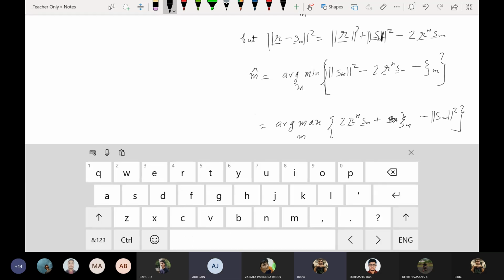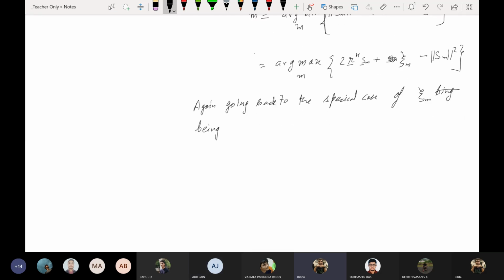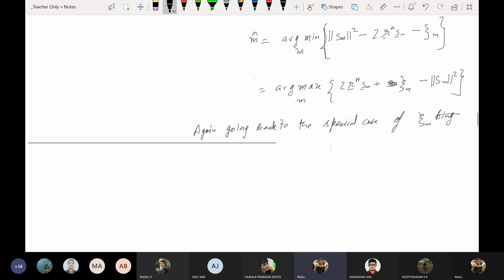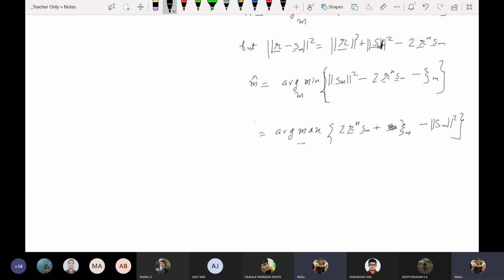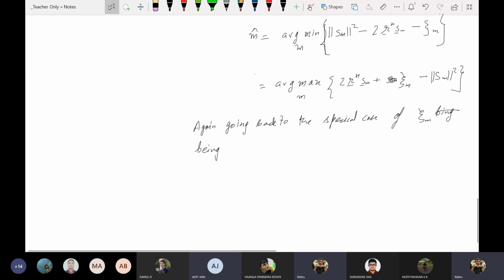Sir, R is dependent on SM, right? R is the received signal, and we are doing everything conditioned on R. We don't know the dependence of R on SM, or we don't know what SM is.